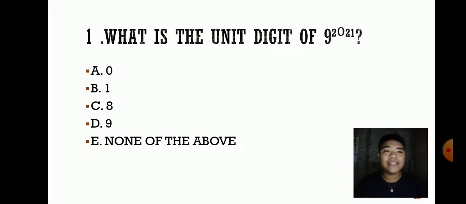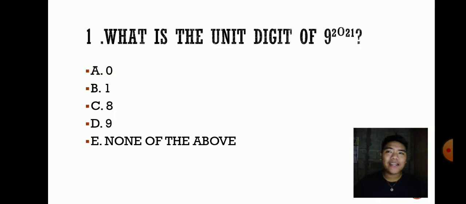What is the unit digit of 9 when it is raised to the power of 2001? The choices are 0, 1, 8, 9, and none of the above. So when we look at the equation, that is 9 raised to the power of 2001. What a big number raised to a number.